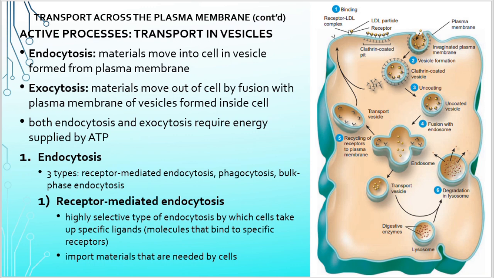Other transport vesicles which contain the LDL particles bud off the endosome and soon fuse with the lysosome. The lysosomes contain many digestive enzymes. Certain enzymes break down the large protein and lipid molecules of the LDL particle into amino acids, fatty acids, and cholesterol.